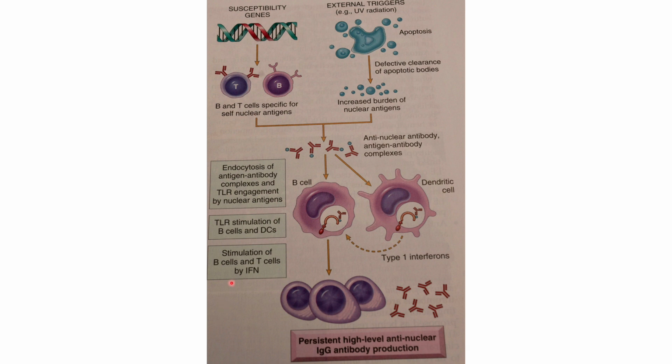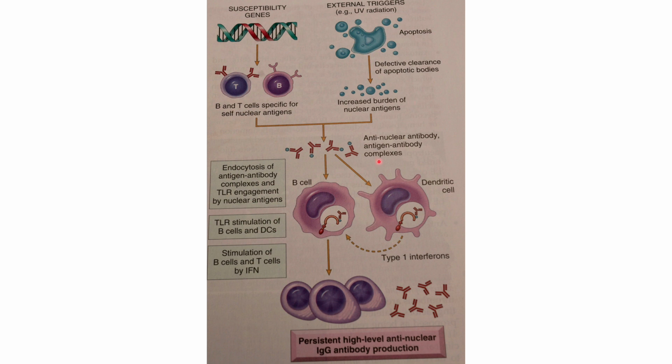This is the schematic again. Susceptibility genes with T and B cells specific for self-nuclear antigens. Also external triggers such as UV light, radiation, which is a form of hypersensitivity, apoptosis of cells, which is defective clearance of apoptotic bodies, increased burden of nuclear antigens. You get anti-nuclear antibody and antigen-antibody complexes.